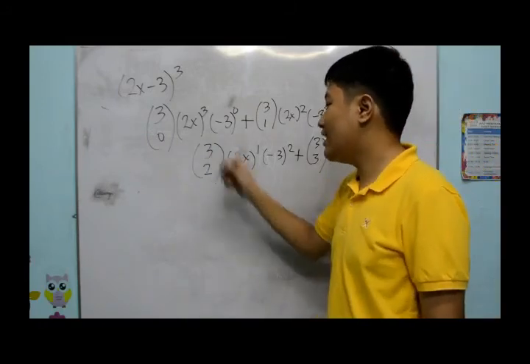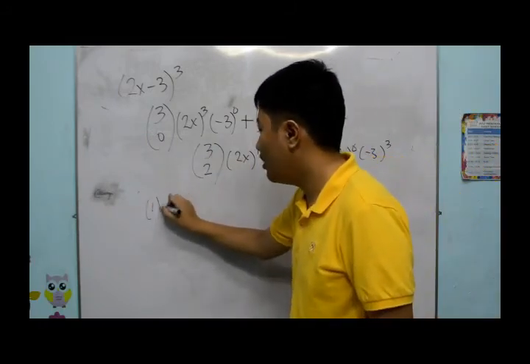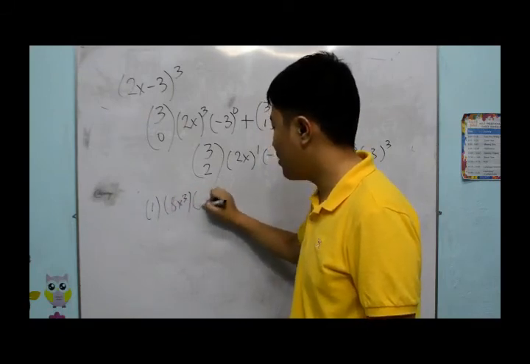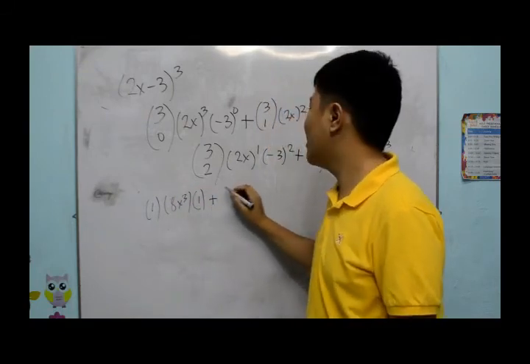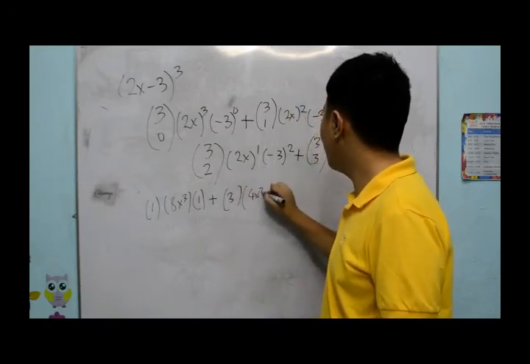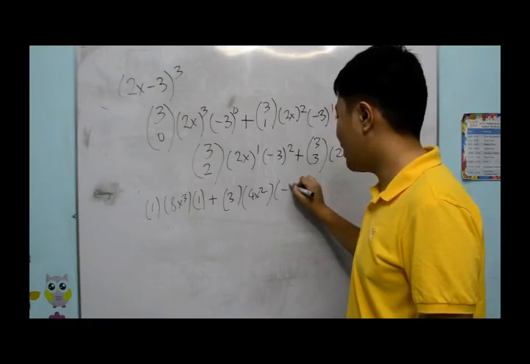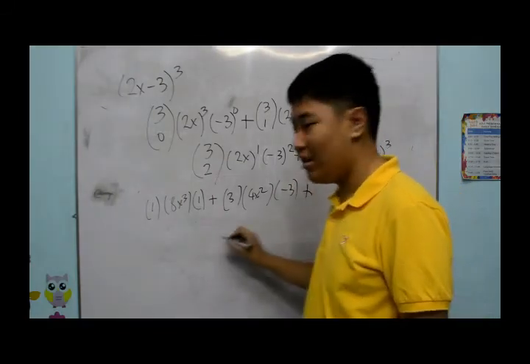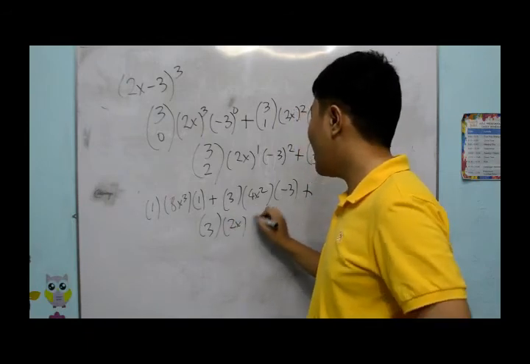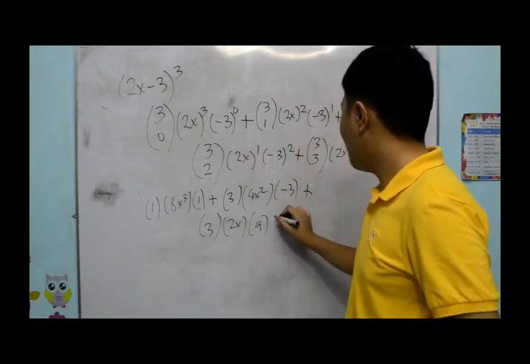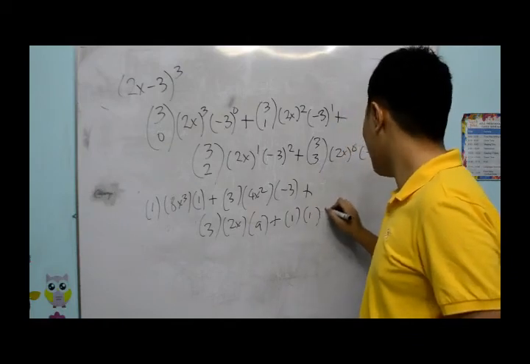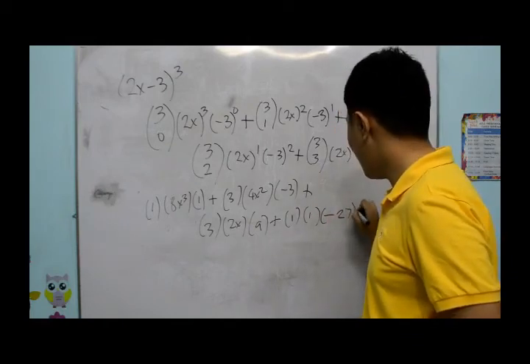Let's first evaluate this. We get 1 times 8x cubed times 1, plus 3 times 4x squared times negative 3, plus 3 times 2x times 9, plus 1 times 1 times negative 27.